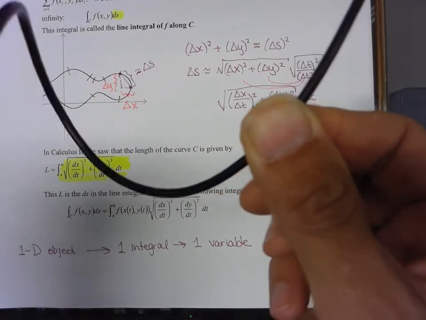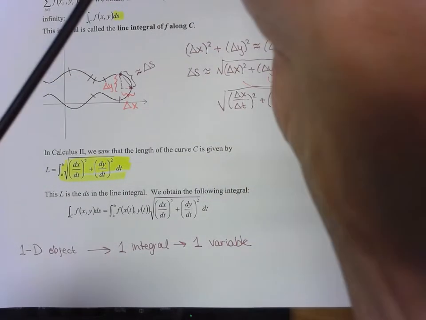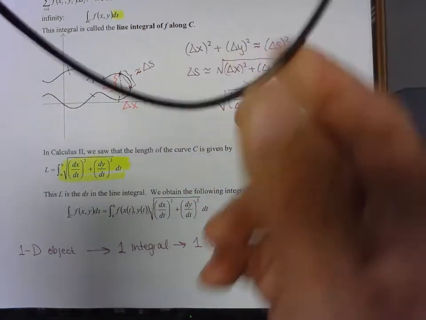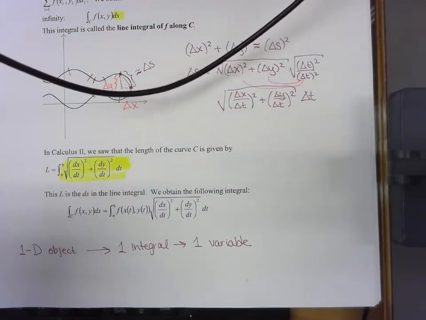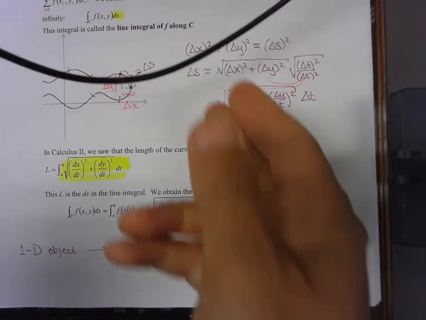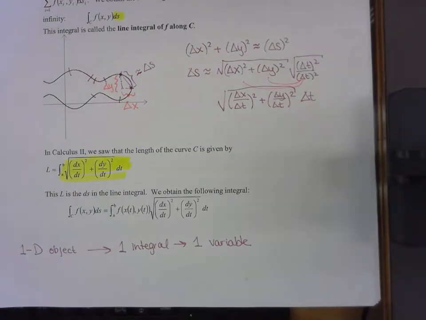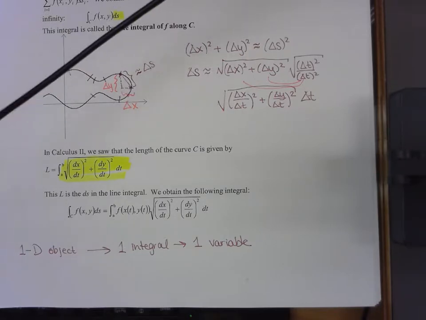Does this curve have all 3 of those? It only has a length, right? It's curved around, but this wire has a little bit of a width, but when you think of just a super thin wire, it doesn't have a width and it doesn't have a height. So curves are one-dimensional, even if they live in 3-dimensional space or 2-dimensional space. Curves are one-dimensional. The only thing they have is a length.